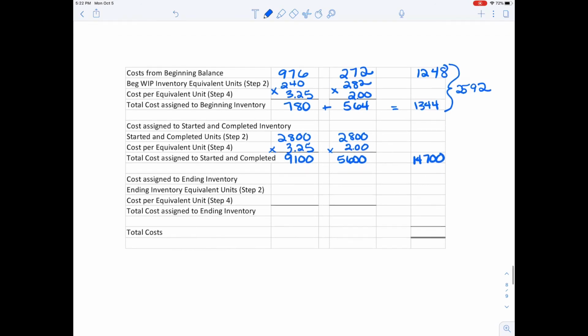And then finally, that cost assigned to that ending inventory. We'll bring in those equivalent units from step 2. That cost per equivalent unit. Multiply those out. We can add them together to get that total.